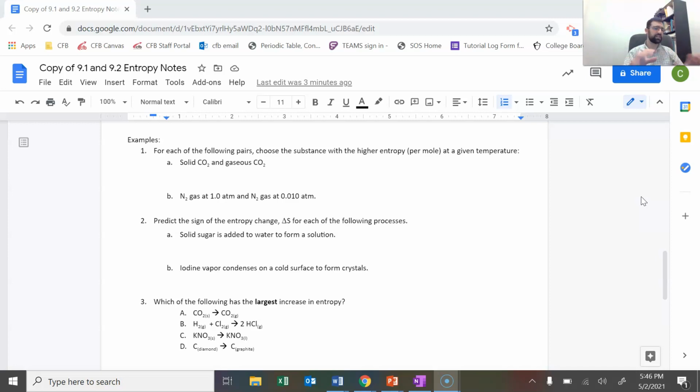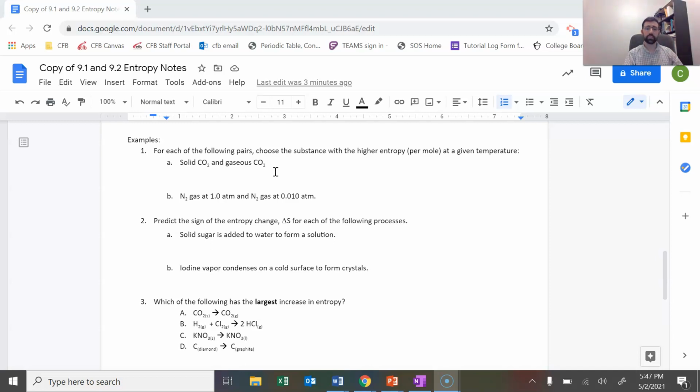All right, let's do some examples and practice with determining the amount of entropy for different examples. First part, it says, for each of the following pairs, choose the substance with a higher entropy per mole at a given temperature. So the first one says solid carbon dioxide and gaseous carbon dioxide.